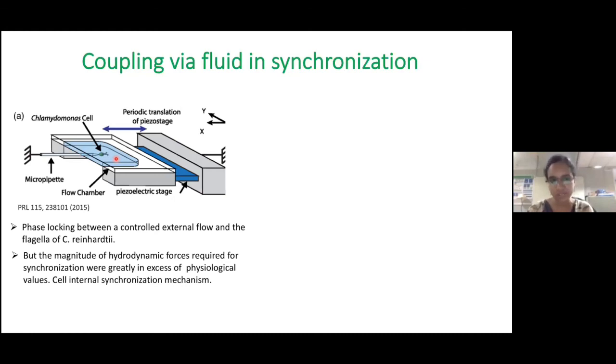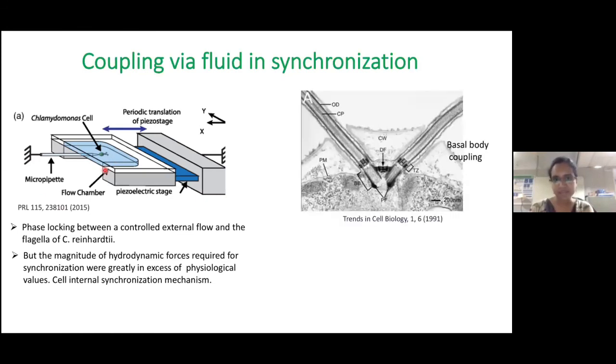And so they concluded that there must be a synchronization mechanism that is internal to the cells, and that was ascribed to what are called distal fibers. So the two cilia that are present on the cell body are connected to one another within the cell body through these elastic fibers called distal fibers. And so essentially there is some kind of internal elastic coupling between the two filaments that could in principle lead to synchronization.